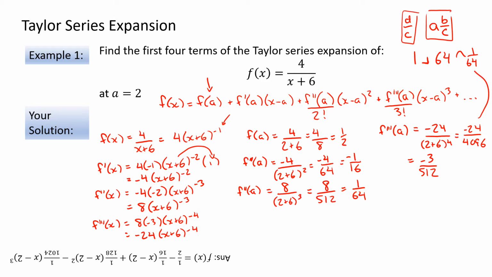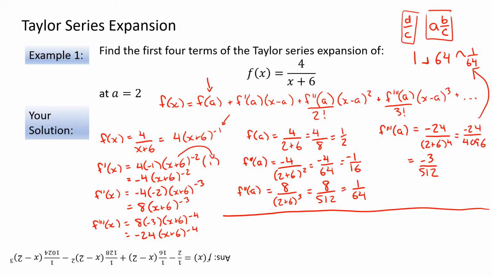If you place it in your calculator using the fraction button, you'll end up with negative 3 divided by 512.